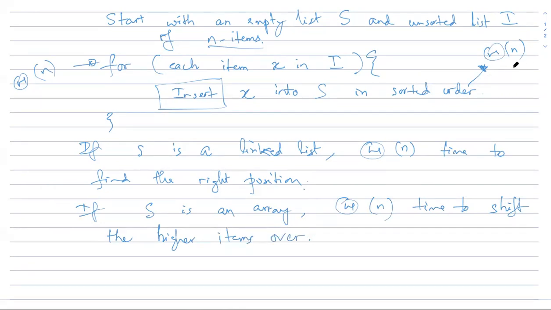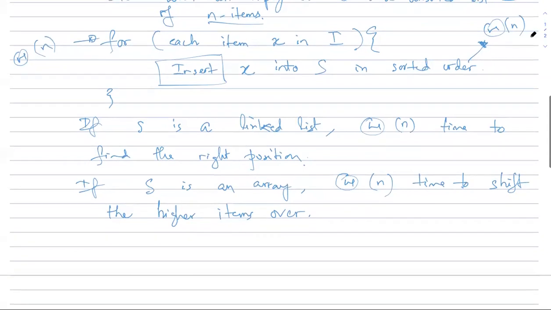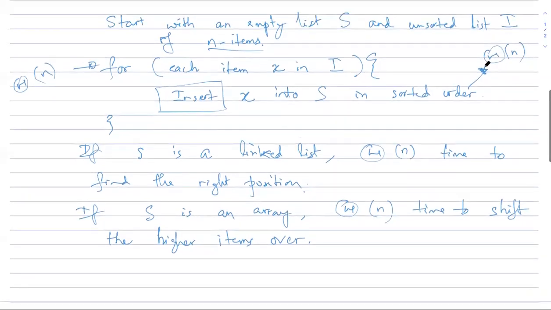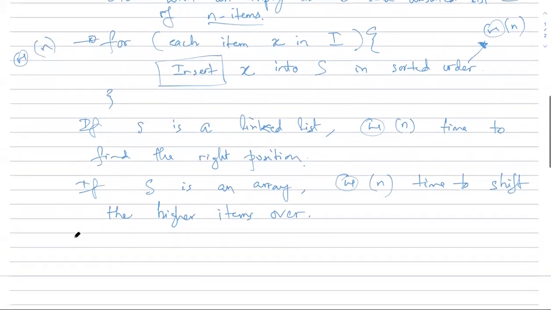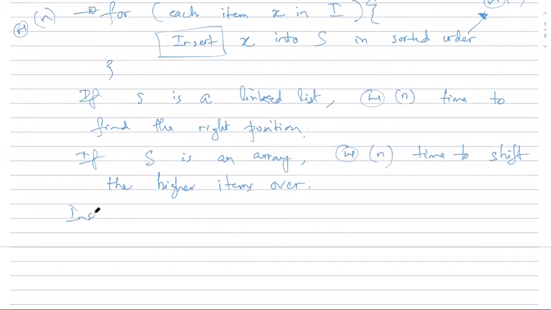So in either case, whether it's a linked list or an array, this step is going to take order of n, and therefore the time complexity for insertion sort is order of n square.